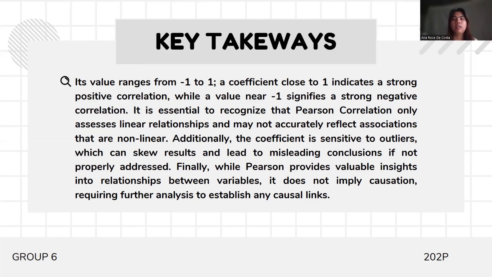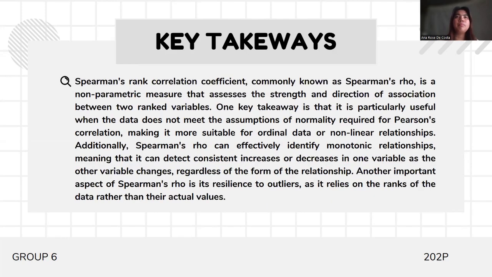establish any causal links. The Spearman's rank coefficient, commonly known as Spearman's rho, is a non-parametric measure that assesses the strength and direction of association between two ranked variables.